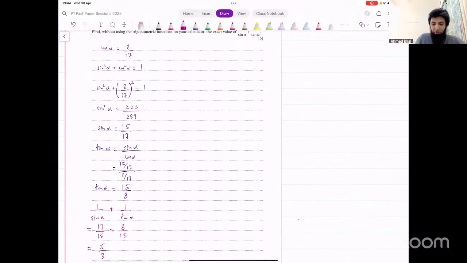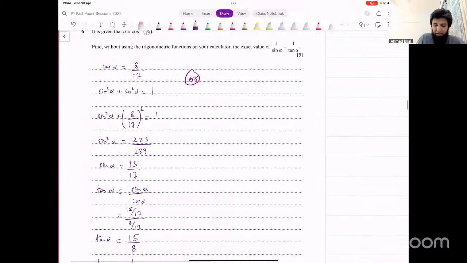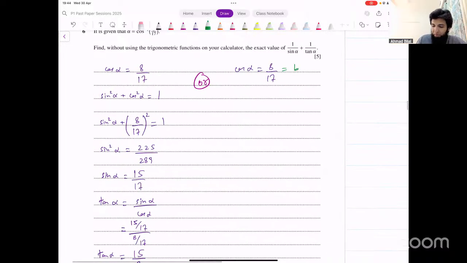You can also do this using the right angle triangle. You can think of it like this, that cos alpha is 8 over 17. Think of this as base over hypotenuse. So can you find the perpendicular from that? What's the perpendicular going to be?